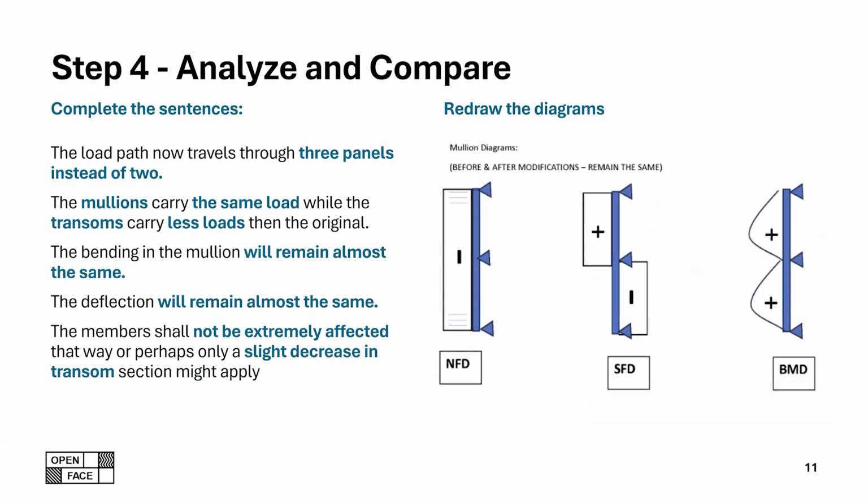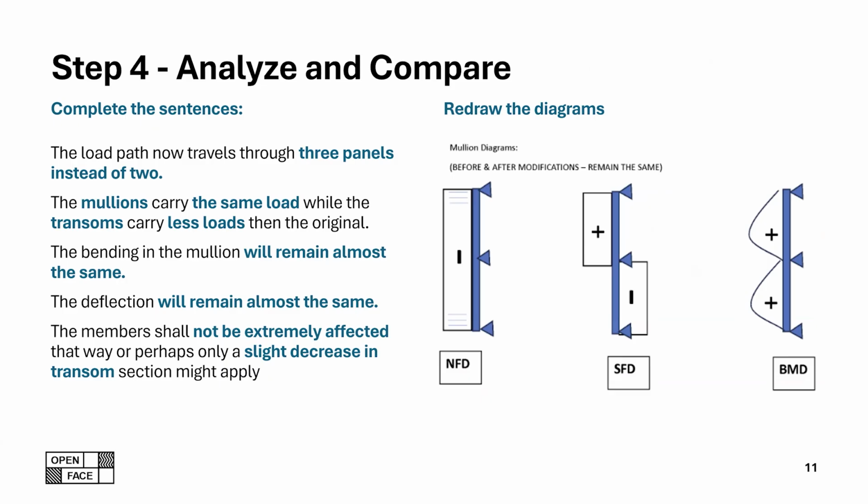And finally, in step 4, you have to complete the sentences using your example and your modifications, which your peer did very well here. And also redraw the main diagrams for the modifications. This is very nice work, and the reasoning about the mullion is correct, since the span and support conditions don't change.